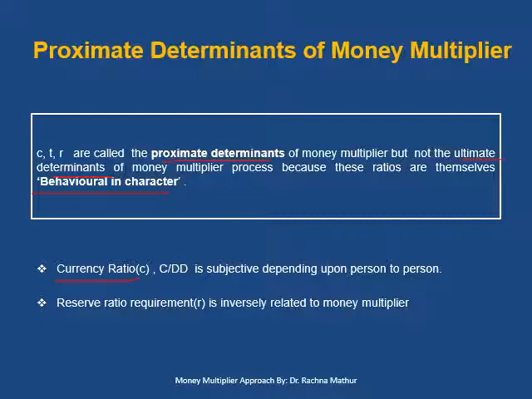So that depends on the person. It is totally a subjective thing, and that is why it is called the proximate determinant, not the ultimate determinant, of the money multiplier process. Whereas the reserve requirement is inversely related to the money multiplier.